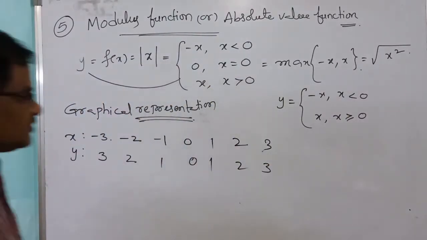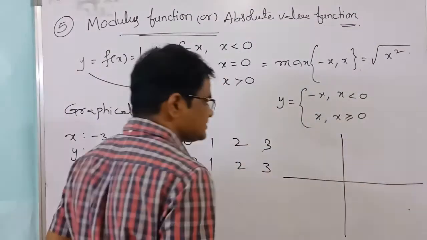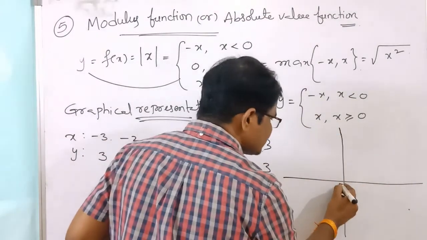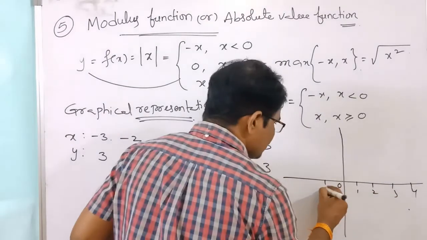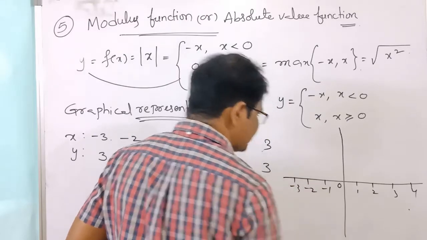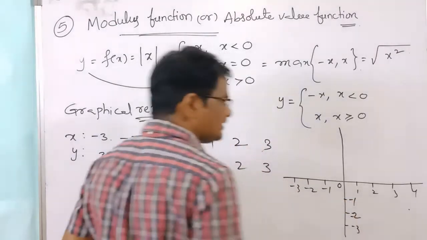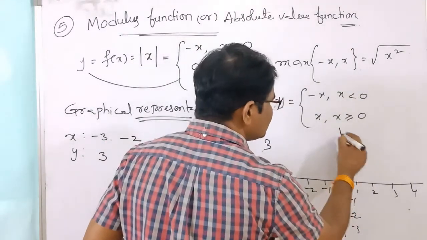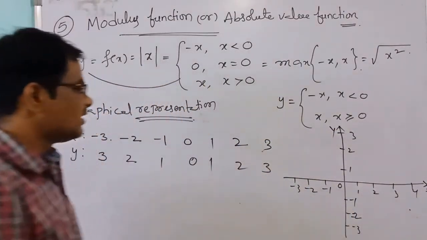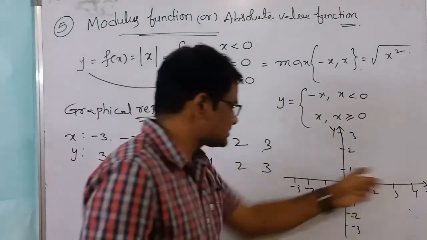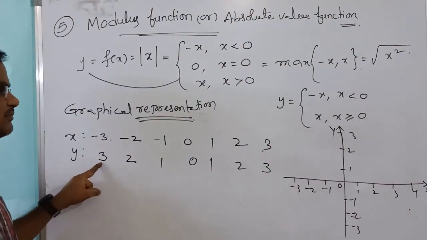Right. Now take these values on the X axis and Y axis. This has 0, 1, 2, 3, 4, etc., and minus 1, minus 2, minus 3. Here also 1, 2, 3. This is the X axis, this is the Y axis. Now plot these points. X value is minus 3, Y value is plus 3.